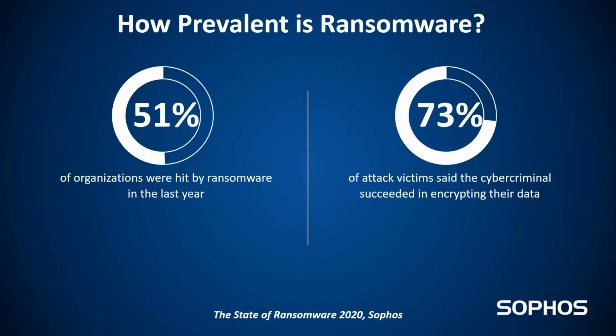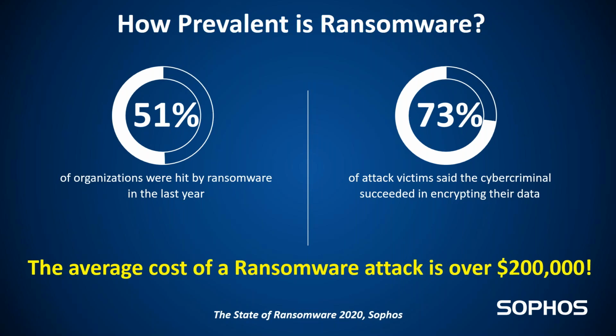Sophos did a State of Ransomware survey in 2020, and 51% of the organizations that responded said that they were hit by ransomware in the last year. Of that 51%, 73% said that the attack from the cyber criminal succeeded in encrypting their data. With a ransomware attack, the average cost to recover is over $200,000.